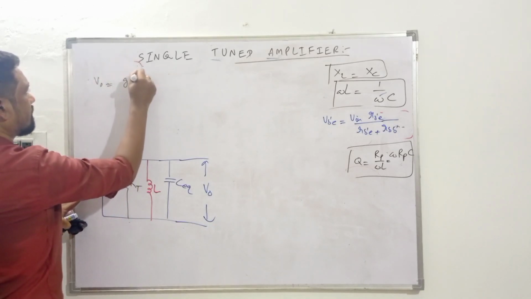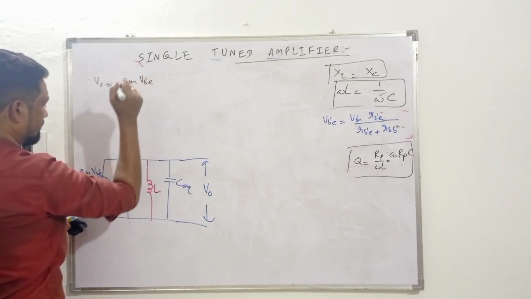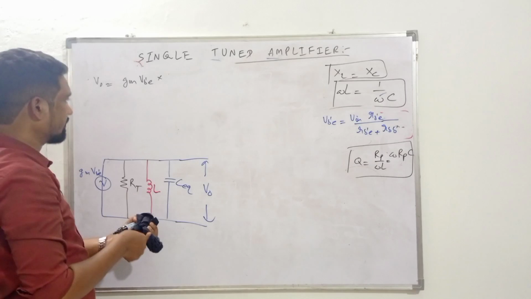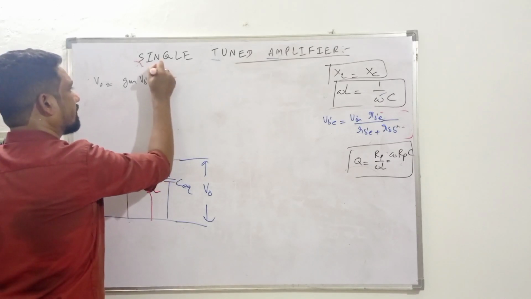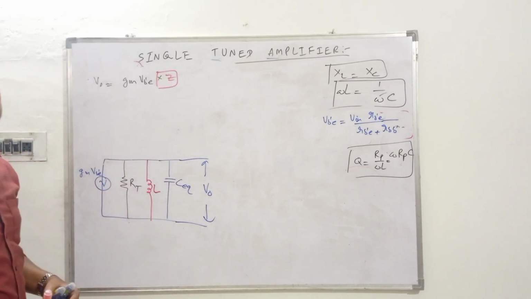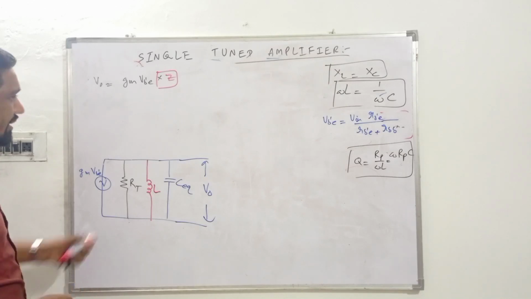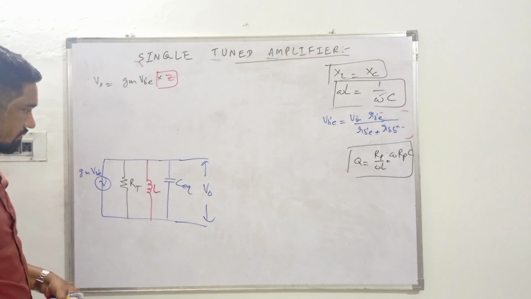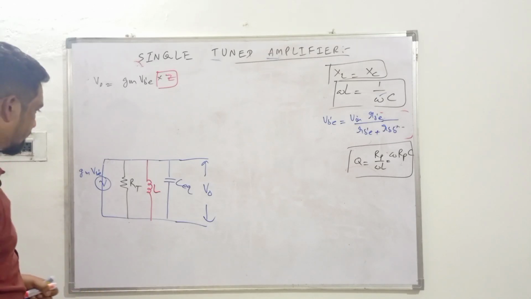Gm V B dash E. We will have to evaluate this Z, then plug in V in, and the ratio V naught by V in gives us the voltage gain, something which we are in search of, right guys?